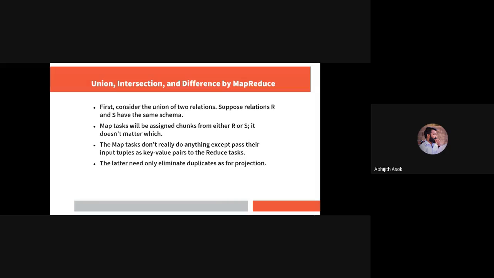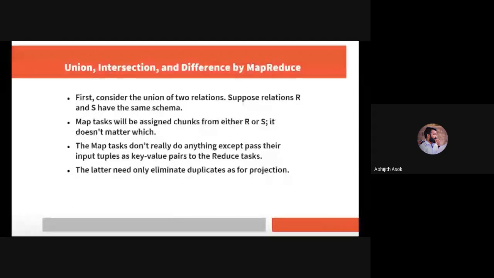Union, intersection and difference by MapReduce. First consider the union of relations. Suppose we have two relations R and S, and map tasks will be assigned chunks from either R or S. That operation is known as union, either R or S. Map tasks don't really do anything except pass their input tuple as a key value pair to the reduce task.